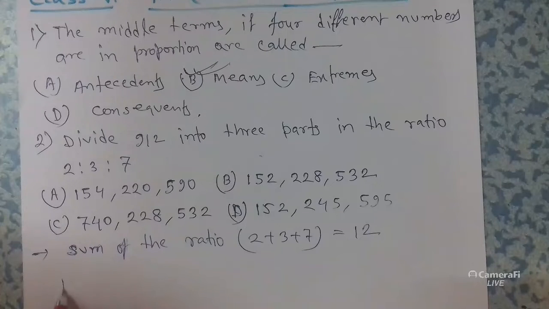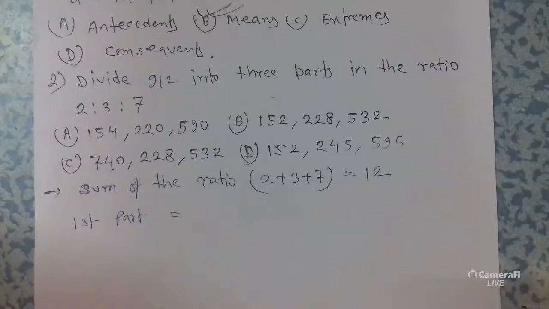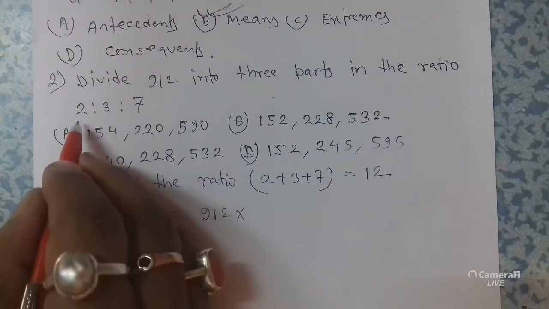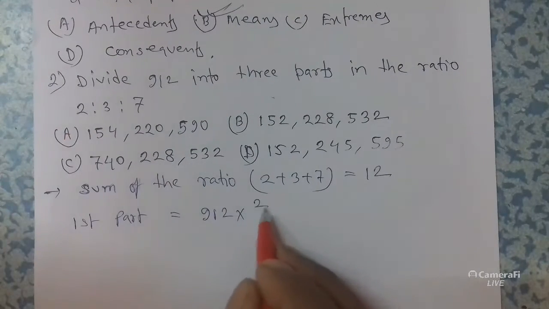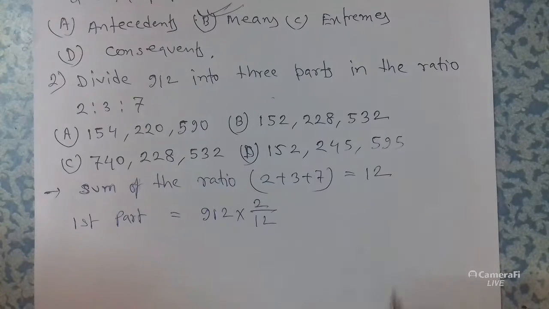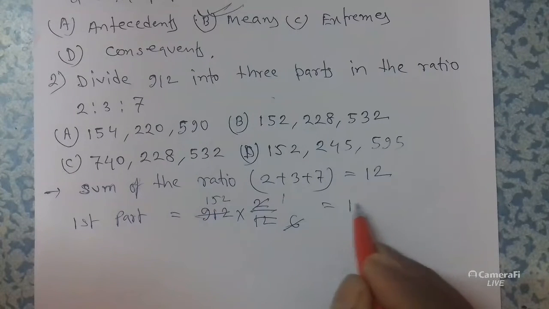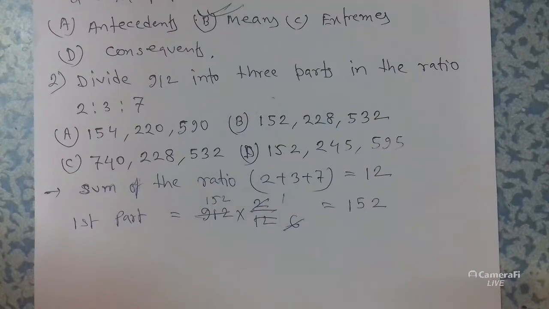So therefore the first part will be 912 into, the first part is 2, so here we have to write 2 by 12. So it is 152. So first part is 152.